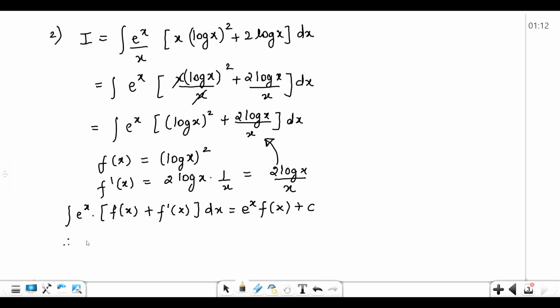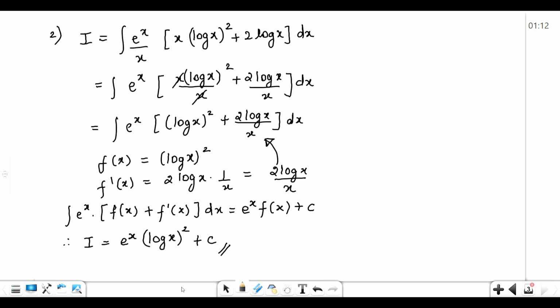So in our case, I will be equal to e raised to x, and f of x is log of x the whole square, plus c. Okay, so this is the second example, where it just looks like a difficult one, but it is very simple if you know how to solve it.